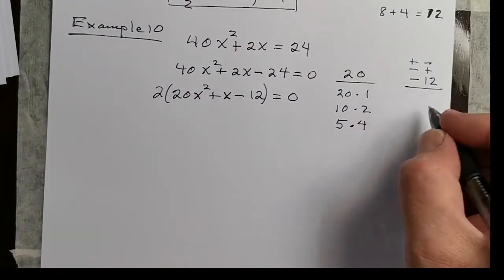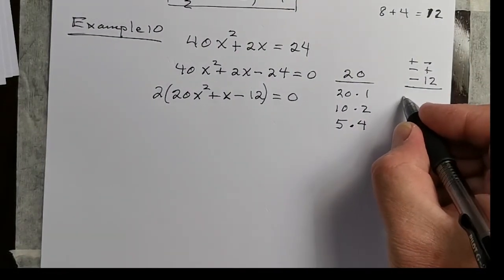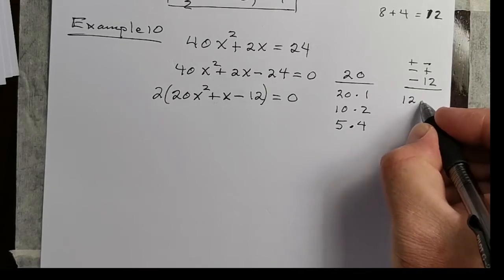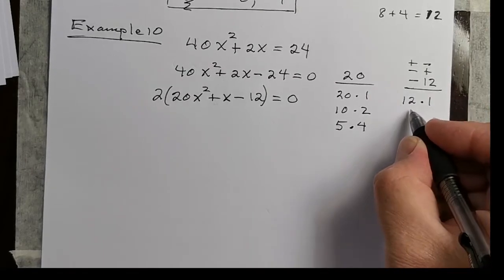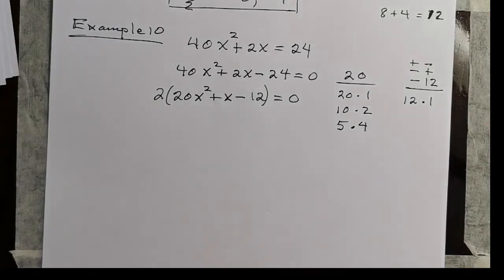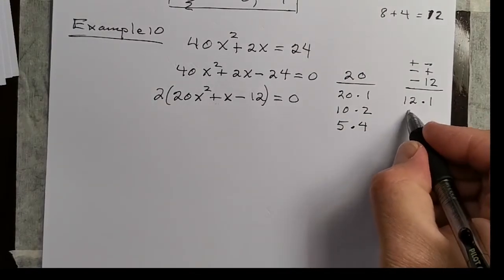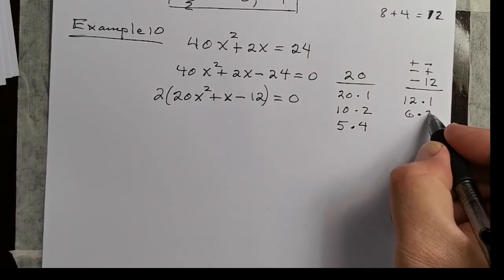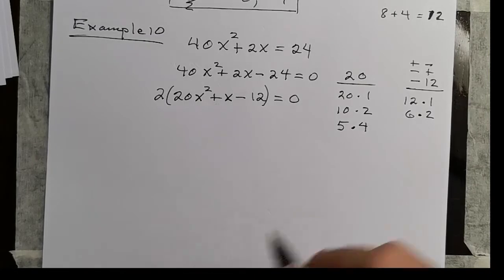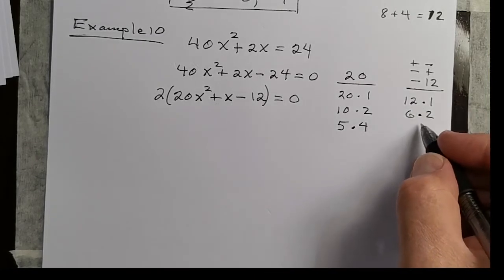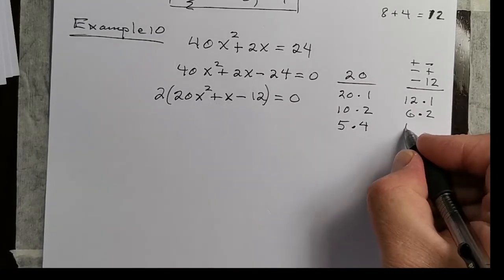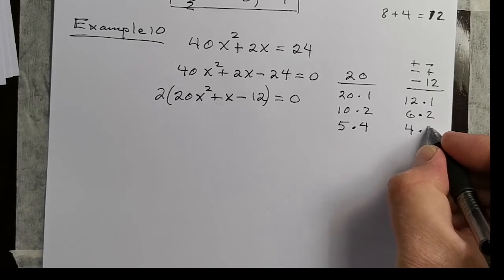What are the factors of negative 12? Well, we can have 12 times 1. Okay, what's the next factor of 12? We can have 6 times 2. Okay, bringing down a little bit more, we can have 4 times 3.